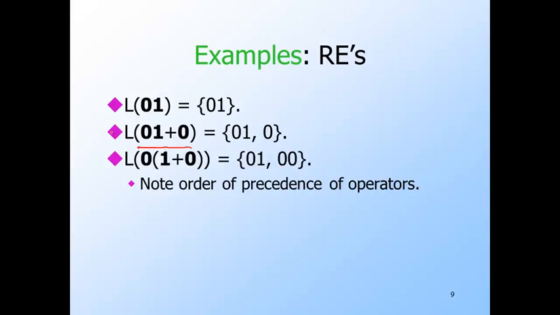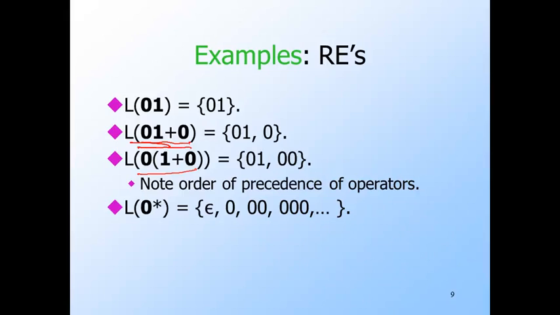The language of 0 concatenated with 1 plus 0, that's this expression, is the two strings 01 and 00. Notice that we need parentheses to force the plus to group first. Without them, since concatenation takes precedence over plus, we get the interpretation of the second example, that is, this one, and obviously you would get somewhat different languages.